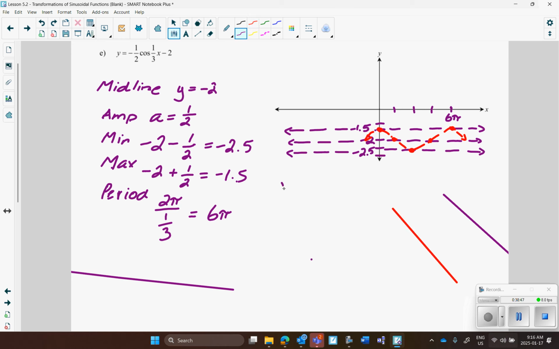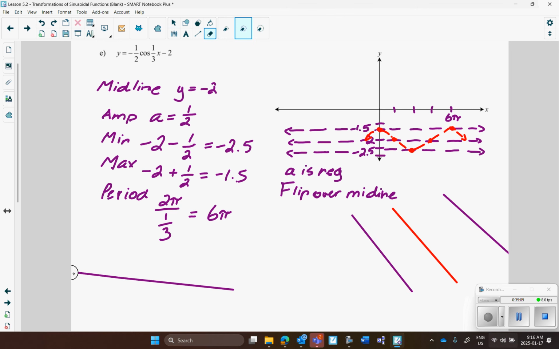So the last thing, because A is negative, you don't flip over the x-axis, you flip over the midline. You got to pretend sort of that's the new x-axis, the midline. So you got to take every point, and if it's at the max, it goes to the min.